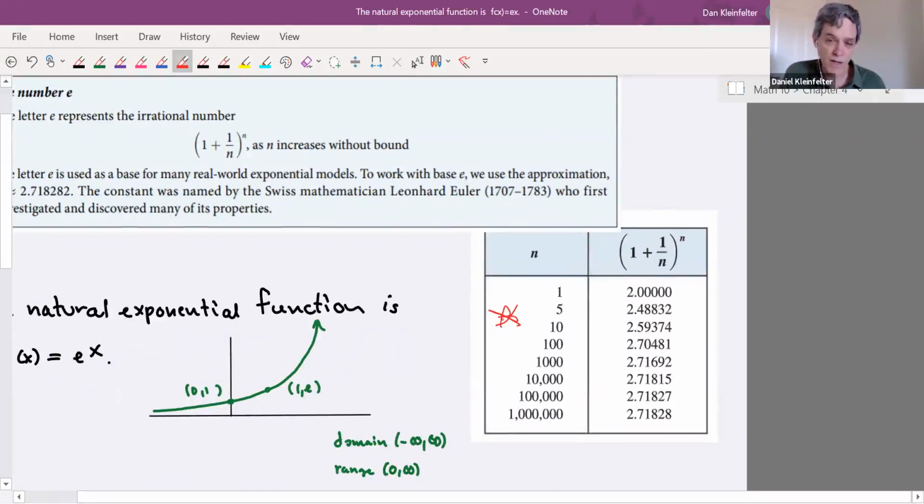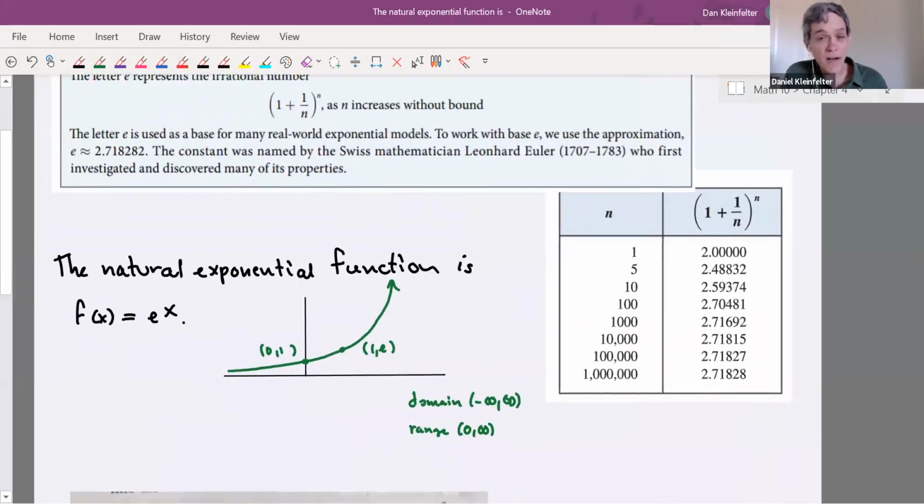Putting in different values of n, we get a decimal that's closer and closer to 2.71828. And like pi, it's not a number where we know it exactly. We have to use decimal approximations for it always, but it is basically the limiting value of this expression, 1 plus 1 over n raised to the n power.